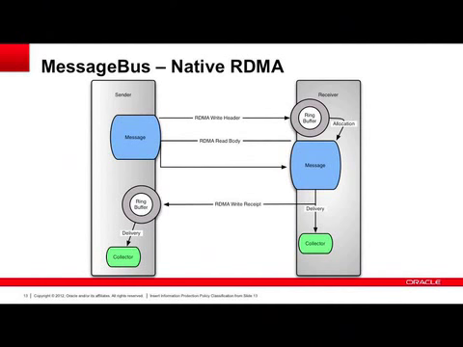All right, so this is just a quick slide to run through how the RDMA implementation of MessageBus works. The basic idea with RDMA is that each process can register some block of memory with the network controller, with the HCA.